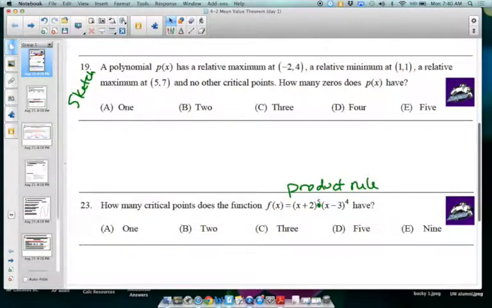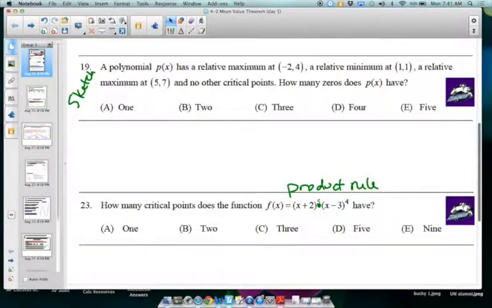That's a zero. A zero is where it crosses the x-axis. Why is it not one?